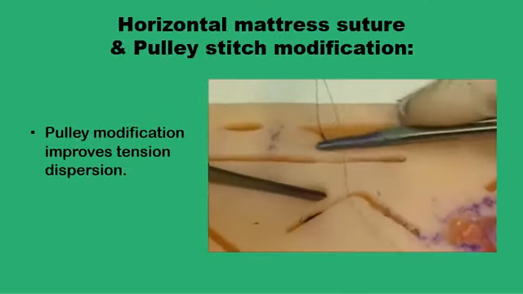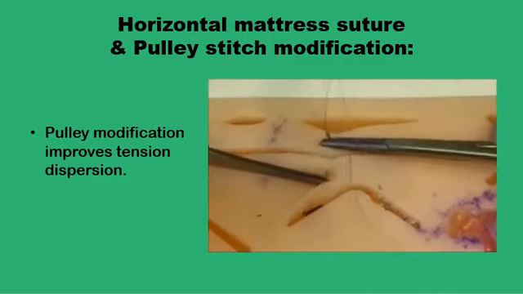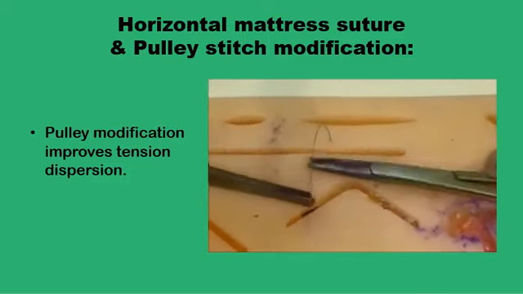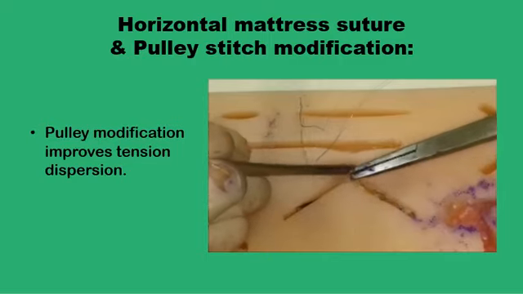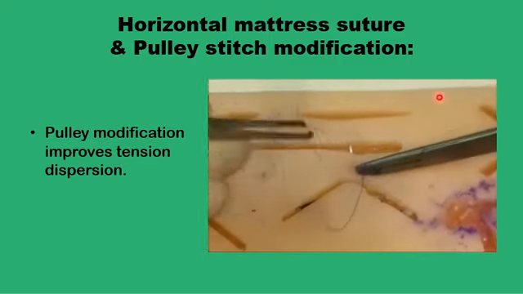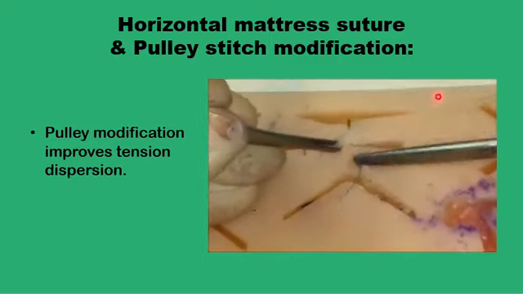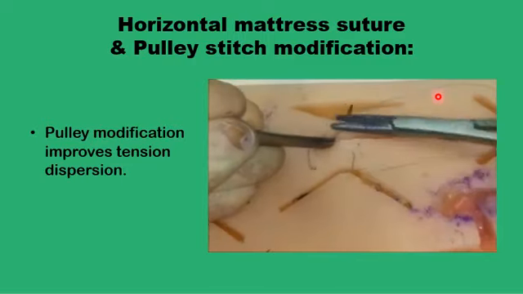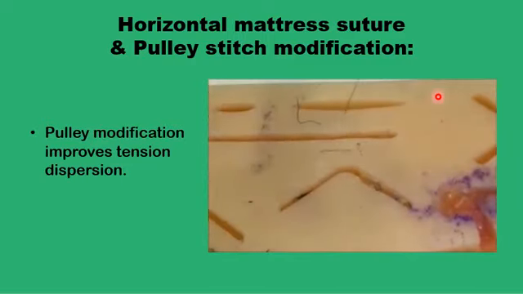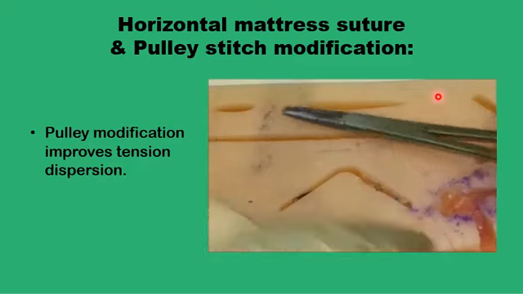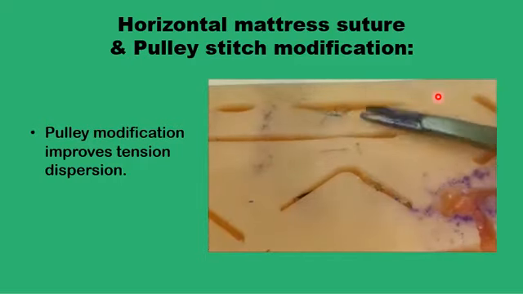The standard horizontal matrix suture can disperse tension, but the addition of the pulley modification can disperse the tension even better. Now, starting with the standard horizontal matrix suture here with 2 punctures on each side of the wound edge.